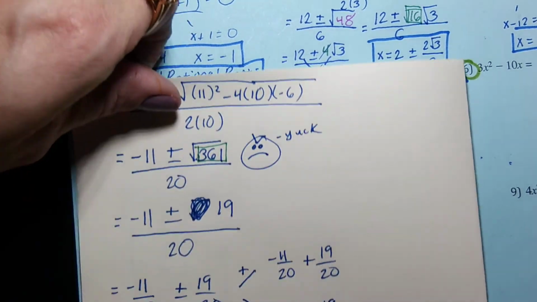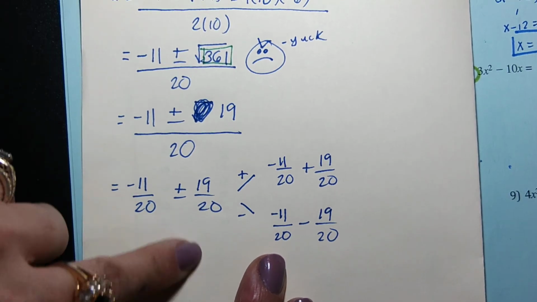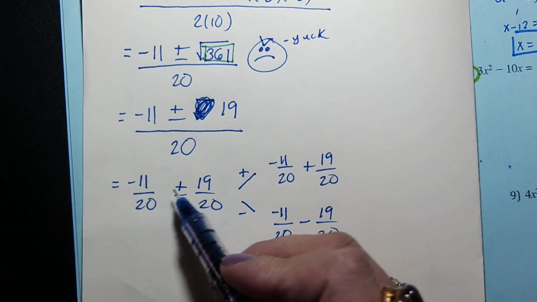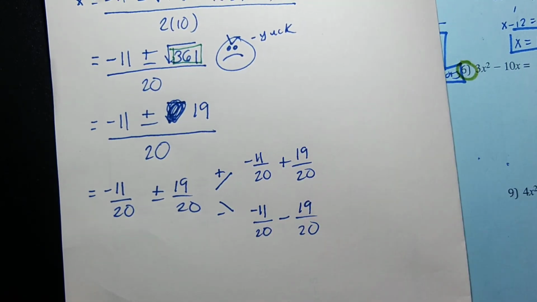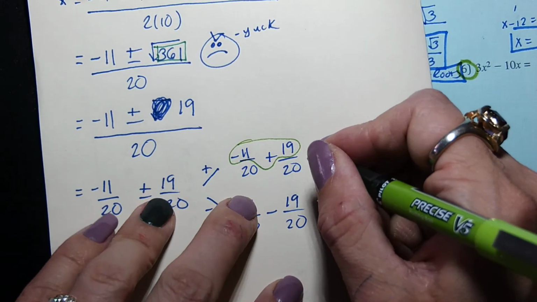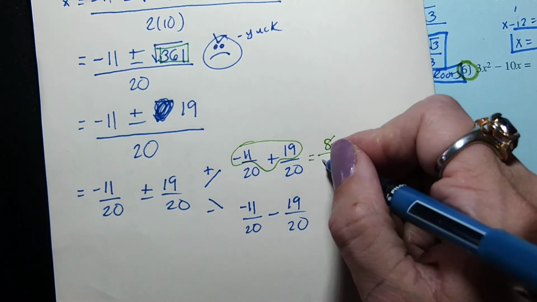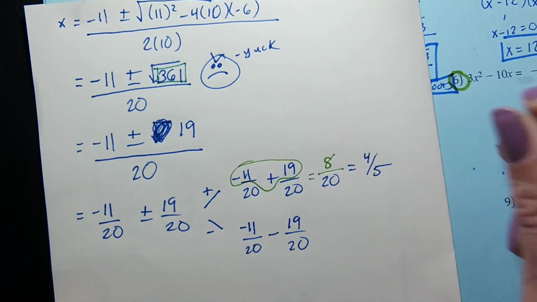Now, it is a perfect square, so we do get 19. Division distribution gives me this. Now, from here, I divide this into the positive solution and the negative solution. If I have negative 11 plus 19, what does that give me? 8 over the common denominator of 20, which simplifies to be 4/5.